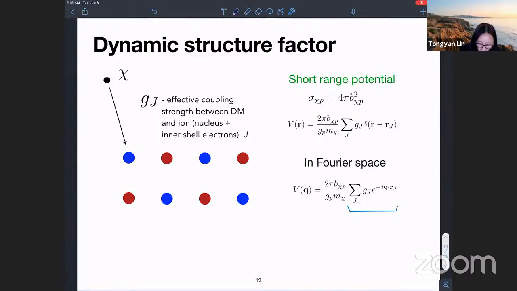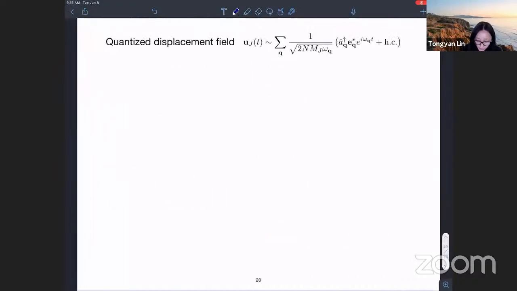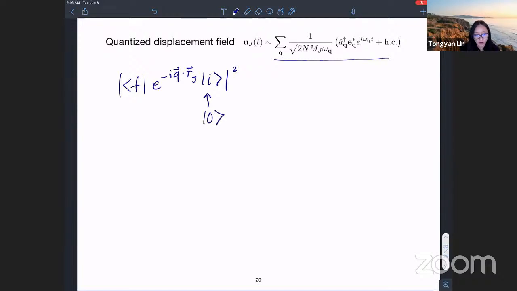So the way the phonons come into play is through this quantized displacement field. So very schematically, if we have this matrix element, we can take our initial state to be one in which the system is in its ground state and there's no excitation, so just vacuum, no phonons.